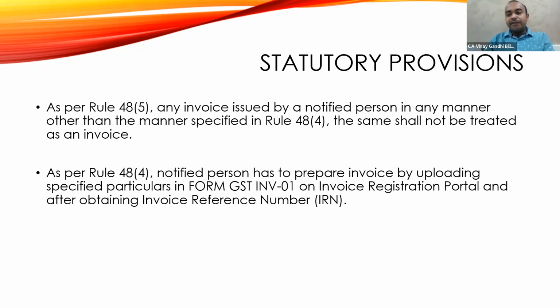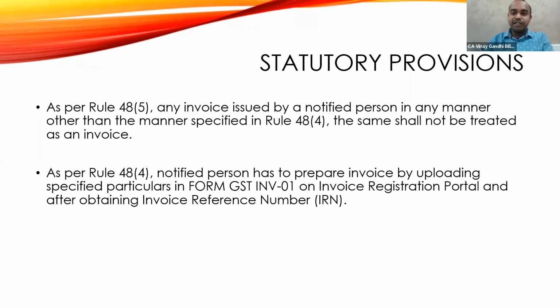So if there is a specified person, a notified person, as I said, almost from 1st April 22 it will be the turnover of 20 crores. If that notified person gives an invoice other than an e-invoice, it is not an invoice at all. The e-invoice should have an IRN, invoice reference number. What this IRN is was already explained in the opening.